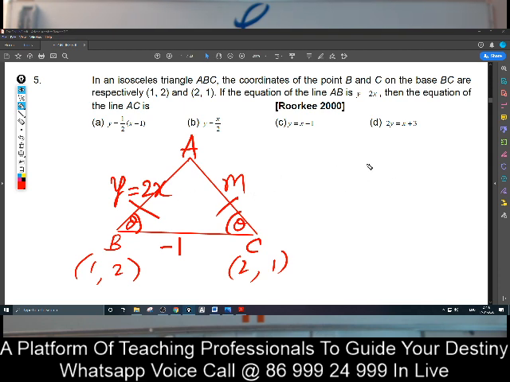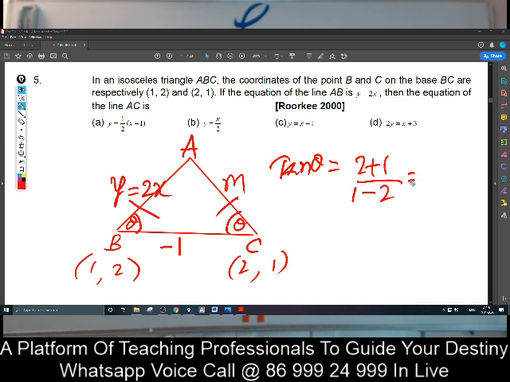Now apply tan theta formula. Tan theta is equal to (m1 minus m2) by (1 plus m1 m2). That is, its slope is 2 here, so (2 plus 1) divided by (1 minus 2), 2 into minus 1.